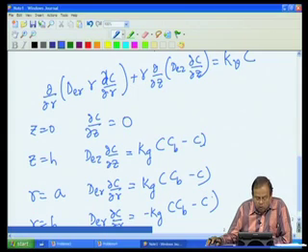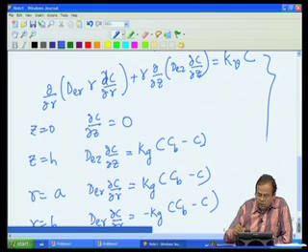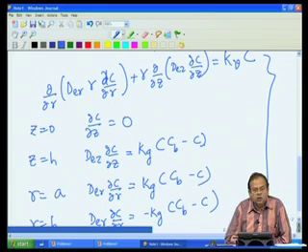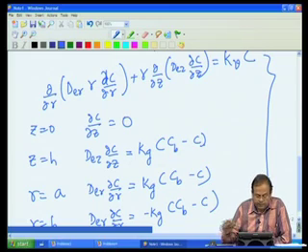So, our total mass balance equation plus 4 boundary conditions is given in this particular manner.